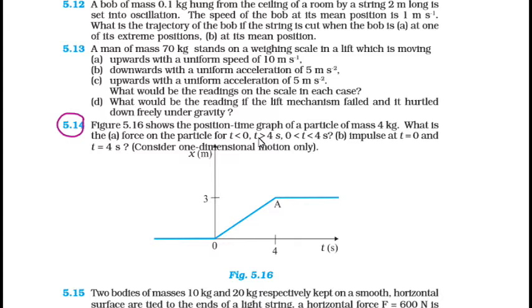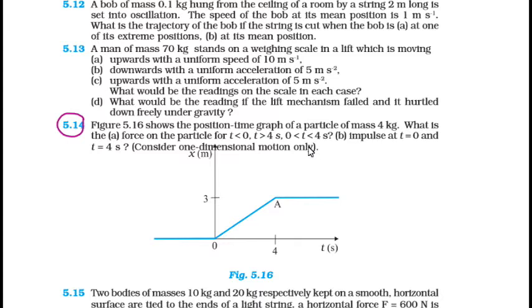What is the force on the particle for t less than 0, t greater than 4 seconds, and t greater than 0 and less than 4 seconds? B, impulse at time t equal to 0 and t equal to 4 seconds. Consider one dimensional motion only.